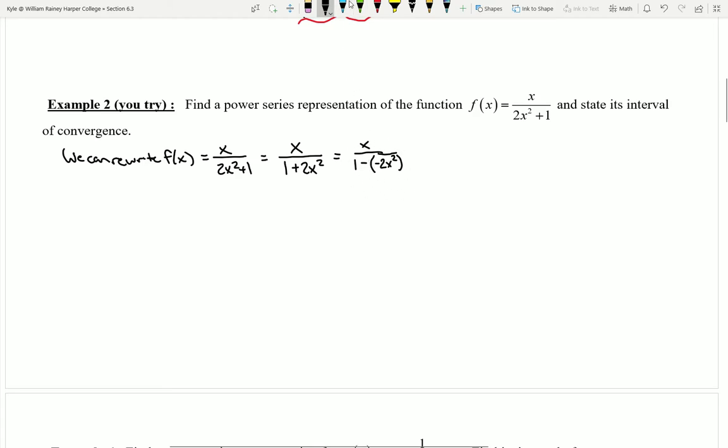Now again, I can see that I have something that appears to be geometric, and it looks like my value of a is x, and my value of r is this negative 2x squared.